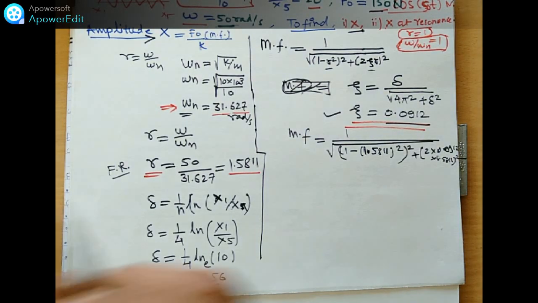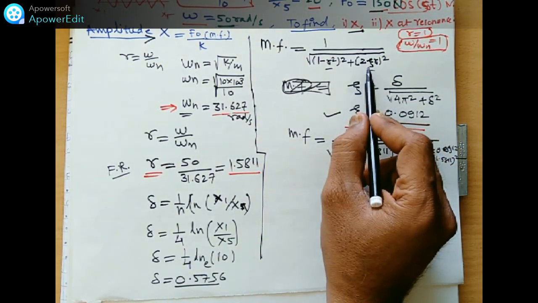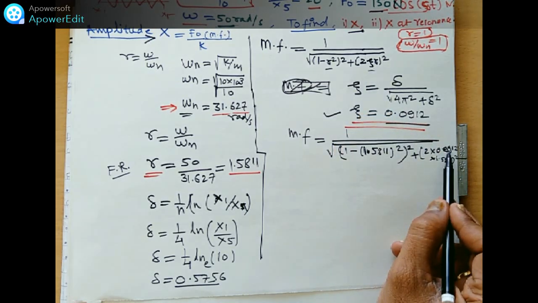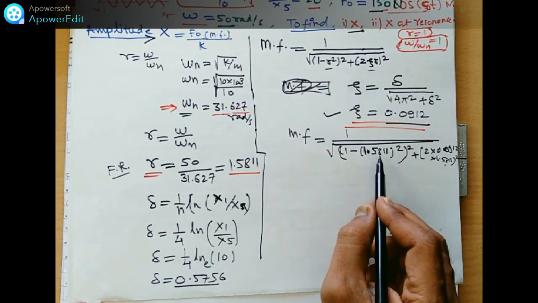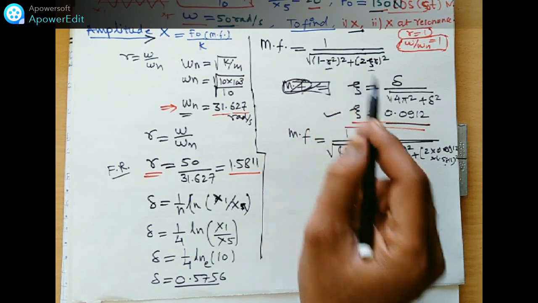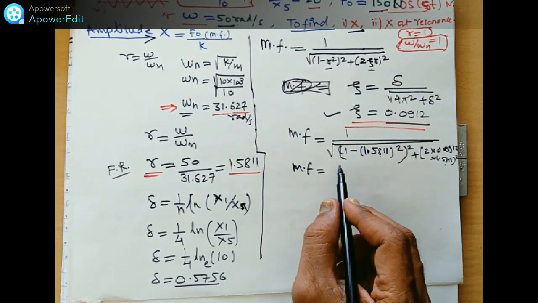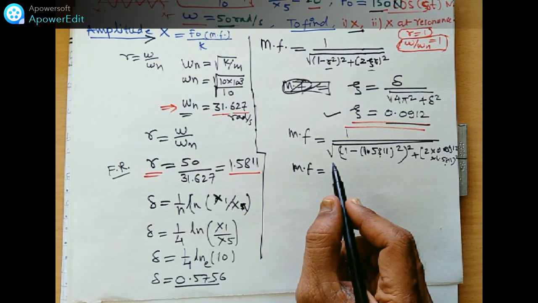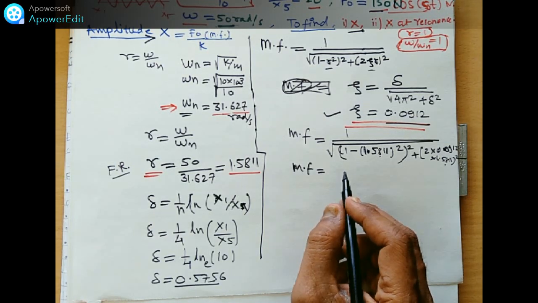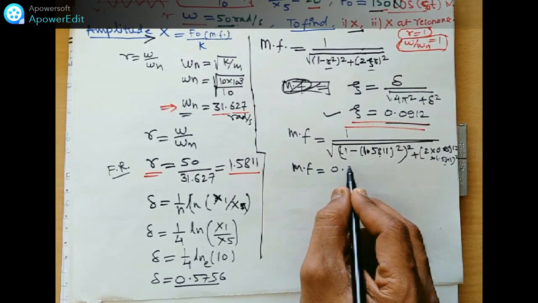This is the formula. Here we put the values of zeta and r. So MF becomes, I'll write the value of MF directly, after calculating, 0.6547.